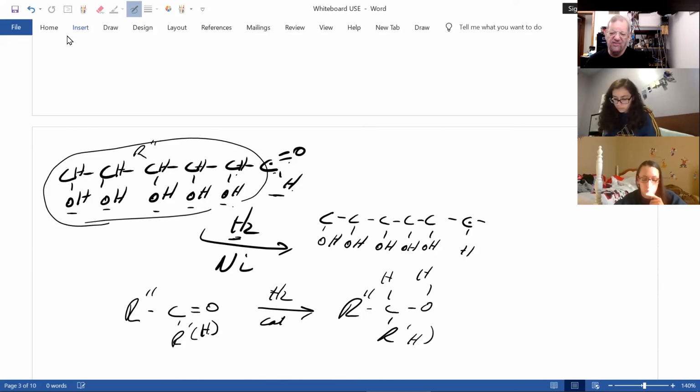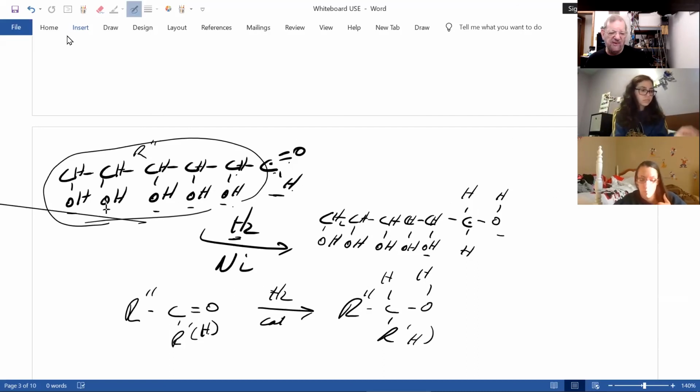And then this double bond was broken, each one. And that's the molecule again. And if you notice, you've got 6 carbons, and each one, including this one, has a hydroxyl group on it.